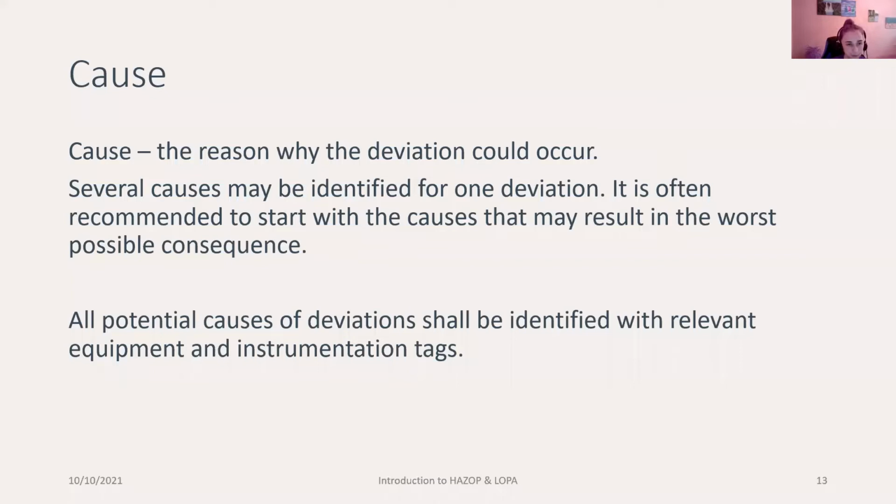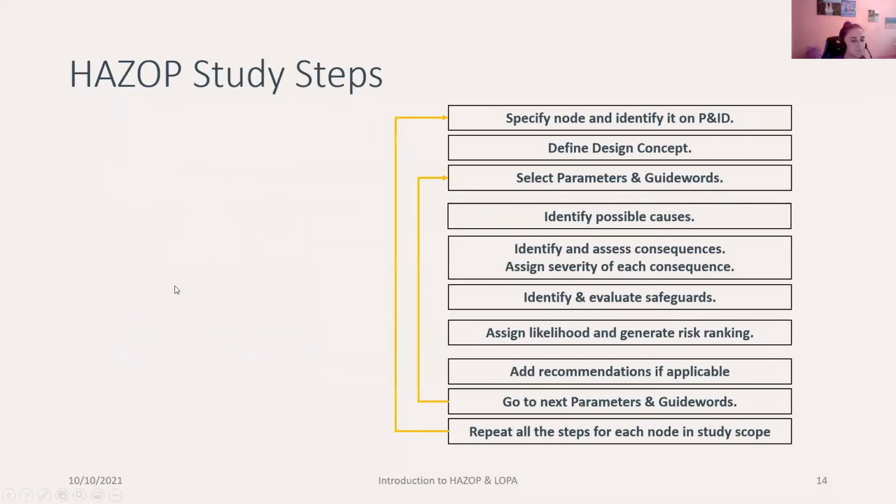You put that down, like failure of the control valve upstream of your node. And afterwards, you are identifying and assessing consequences and assigning severity of each consequence.